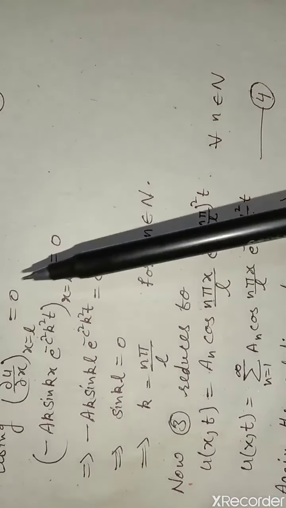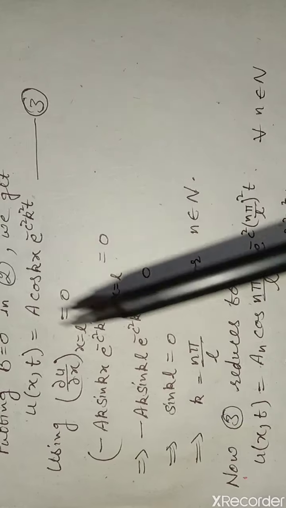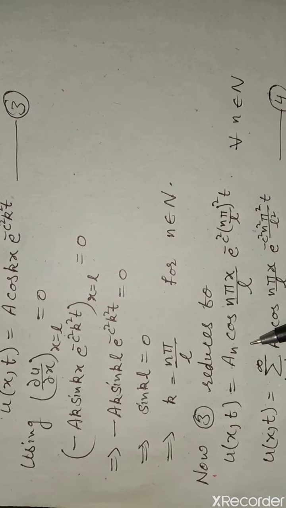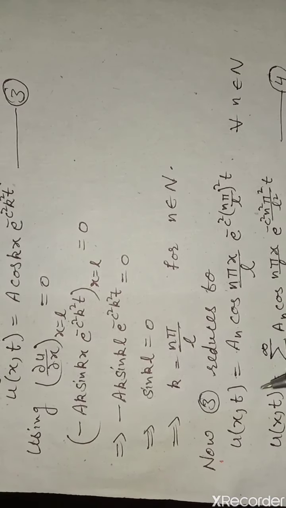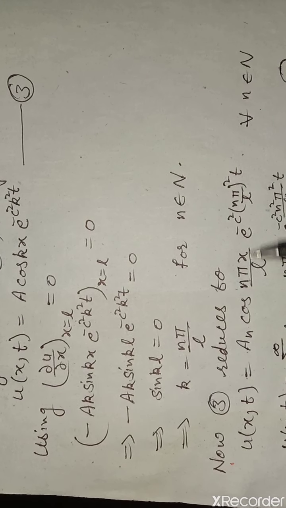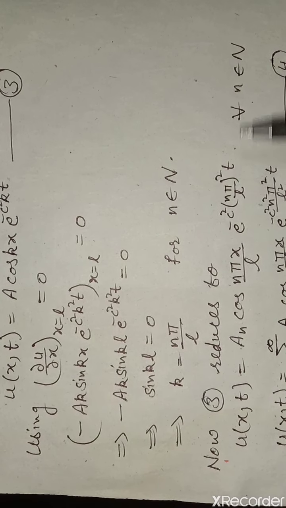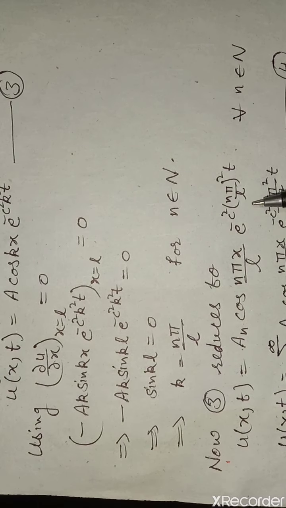Now substitute this value of k in the solution 3, and now the solution 3 reduces to this. Here I have substituted the value of k. Now for n is equal to 1, we have a different solution.